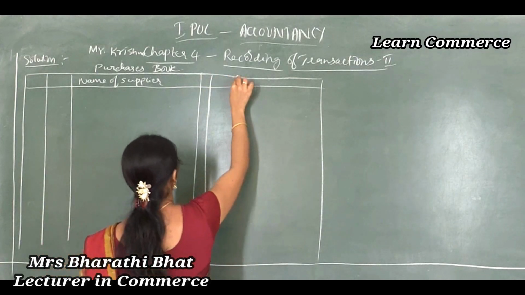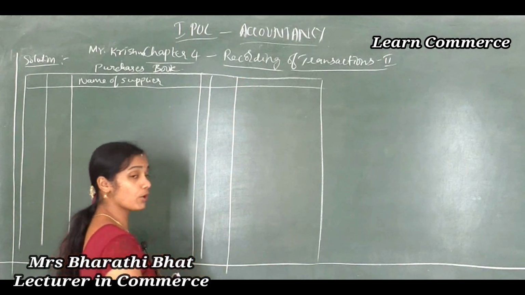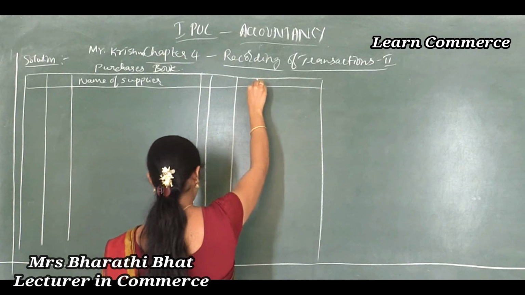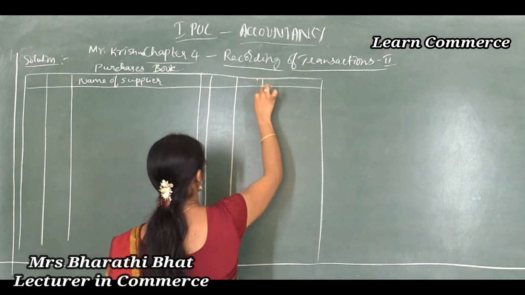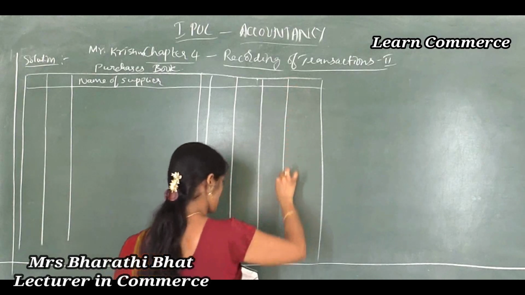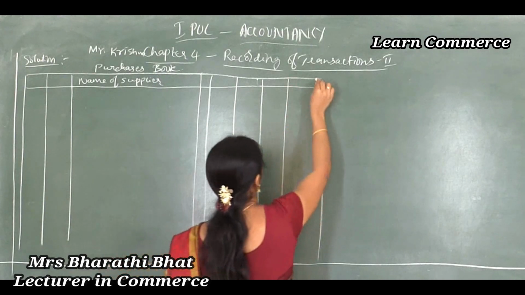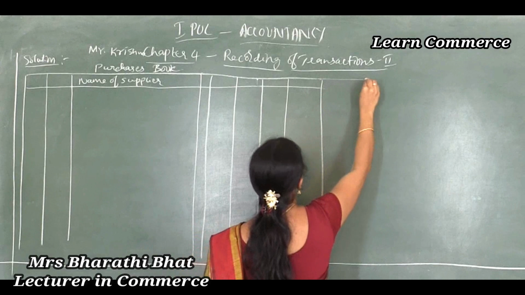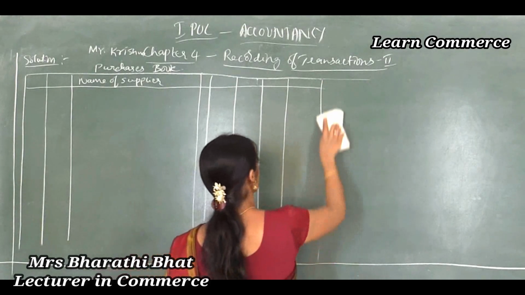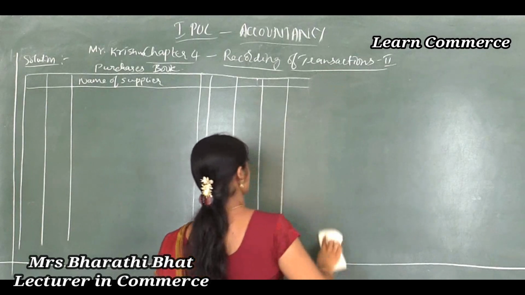Next one, details, that is the amount column. And here total in rupees, total purchases, and the next three columns for CGST, SGST and IGST.